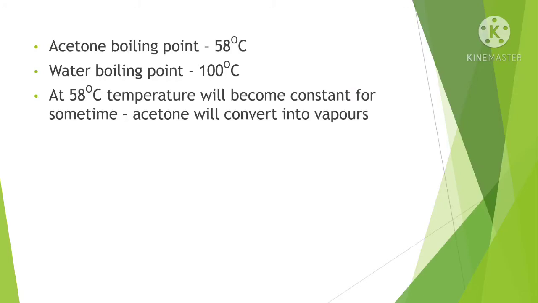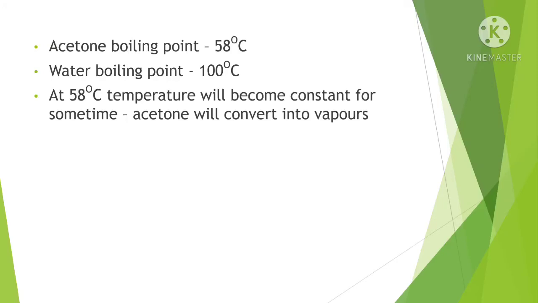It means that now the acetone will start converting into the vapor form. Whenever any liquid converts into vapors, it needs some heat, that is known as the latent heat of vaporization. So the acetone will start absorbing the extra, or hidden, heat in the form of latent heat of vaporization.